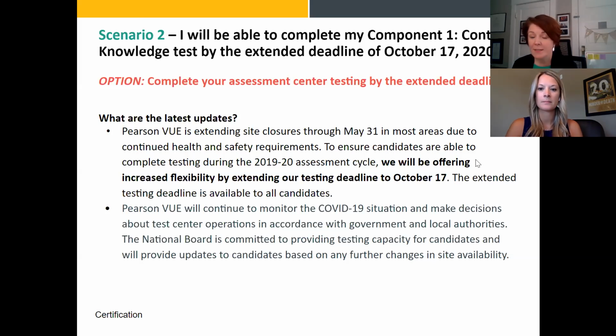The Pearson VUE sites are, in most places, going to remain closed through May 31st. And this is due to continued health and safety requirements. To ensure that candidates are able to complete testing during this 2019-2020 assessment cycle, we will be offering increased flexibility by extending the deadline to October 17th.